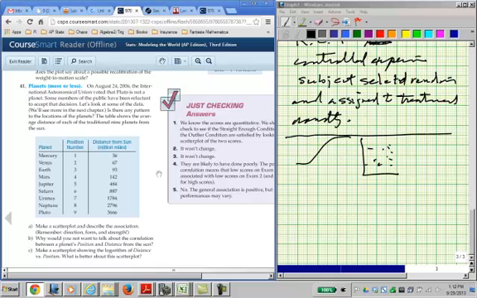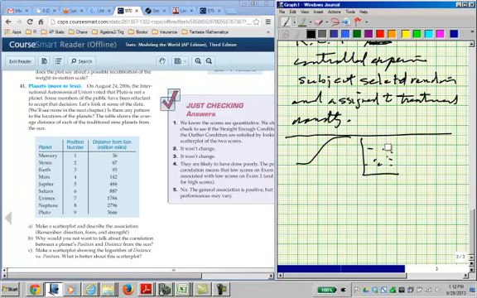So if statisticians have data that does not fit a linear pattern, statisticians will manipulate the data, re-express it in order to try to make it straight. The reason for that is it's just a lot easier to analyze.